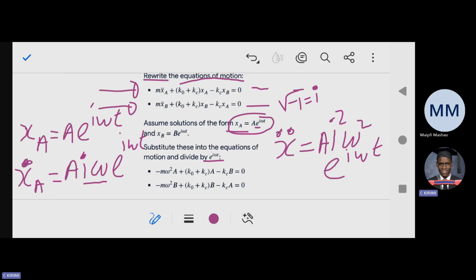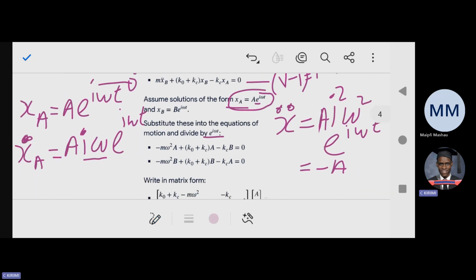What is I squared? Square root of -1 squared. It's -1. So it will be minus a multiplied. The minus is coming from I squared. You square here, you are going to get -1. So that's where it's coming from.